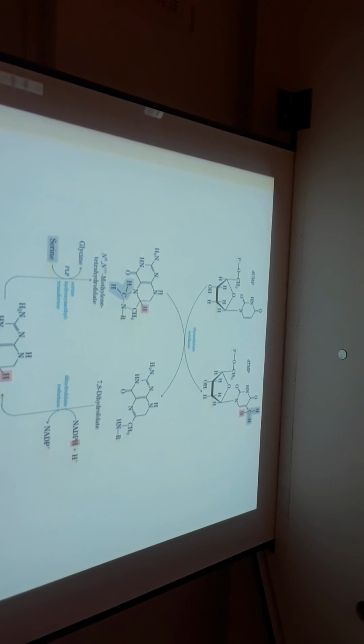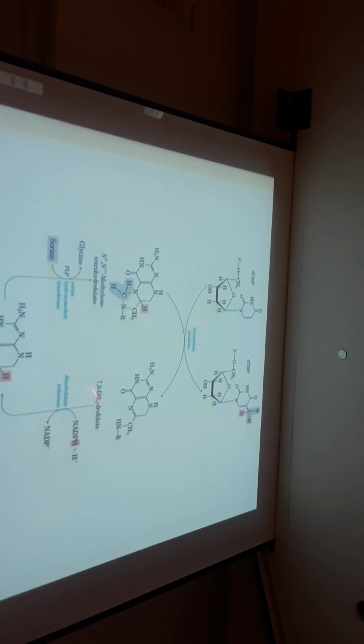Remember when I introduced tetrahydrofolate, I said it's a derivative of folate, a vitamin that we have to take up with our diet, and is reduced by an enzyme called dihydrofolate reductase, first to dihydrofolate and then to tetrahydrofolate, the active cofactor.